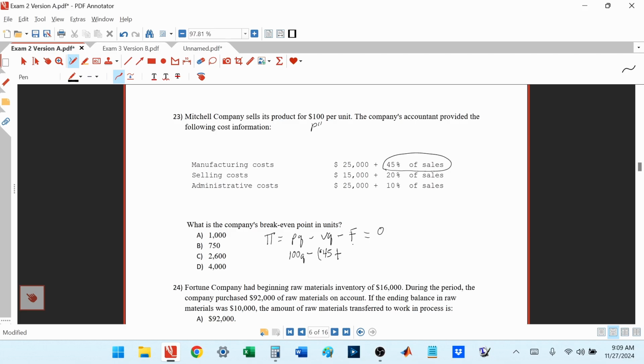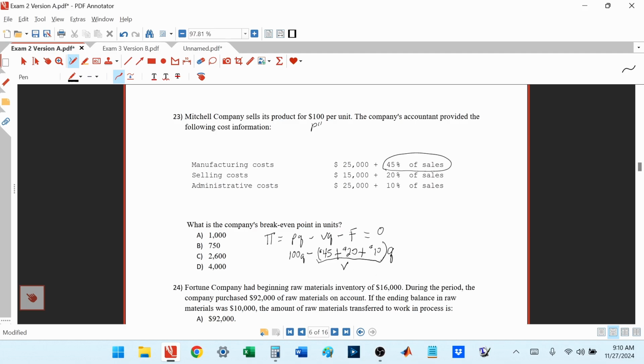So 20% of $100 a unit is $20. And our variable administrative costs per unit, 10% of sales. So 10% of 100 is $10. So our V looks like 75: 45 and 20 and 10. So each unit costs us $75 to produce. $45 for manufacturing costs, 20 for selling costs, and 10 for administrative. So this is our overall V right here.